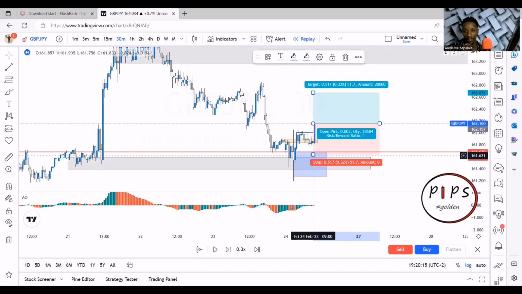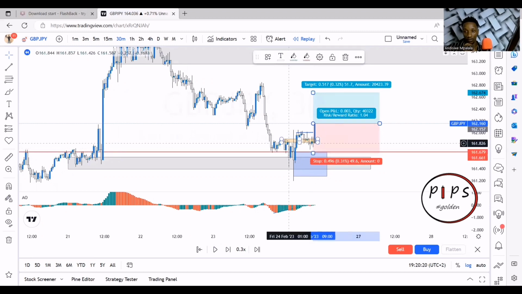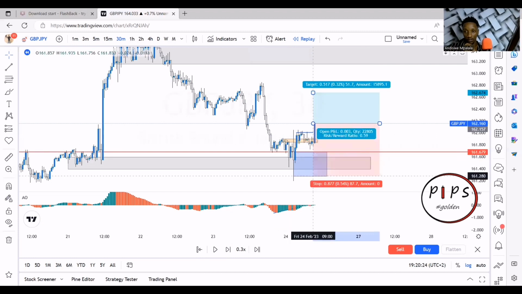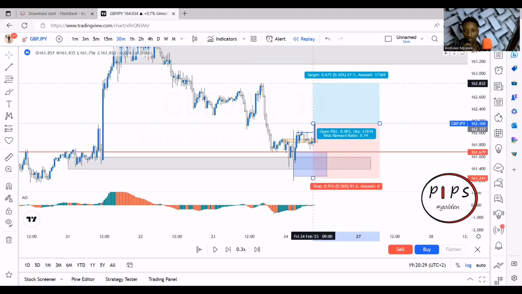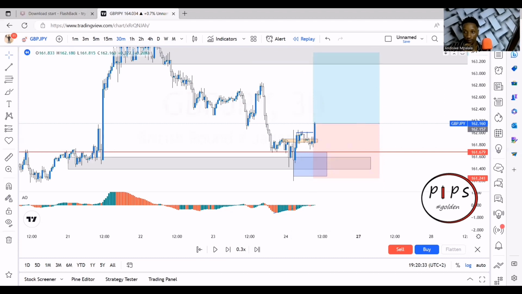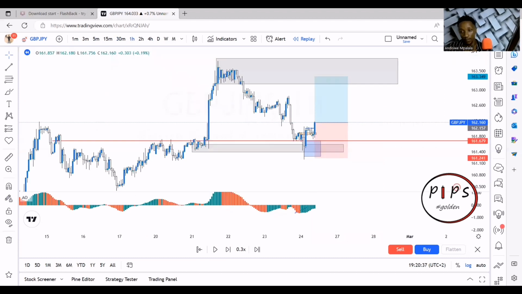Stop loss is right here below this area. The safest place to put your stop loss is right there, and we target the highs right over there. Okay, and let's just see how this plays out.